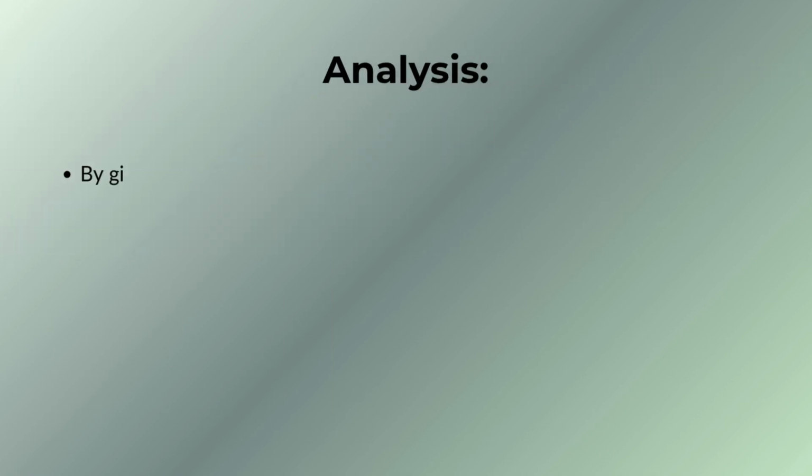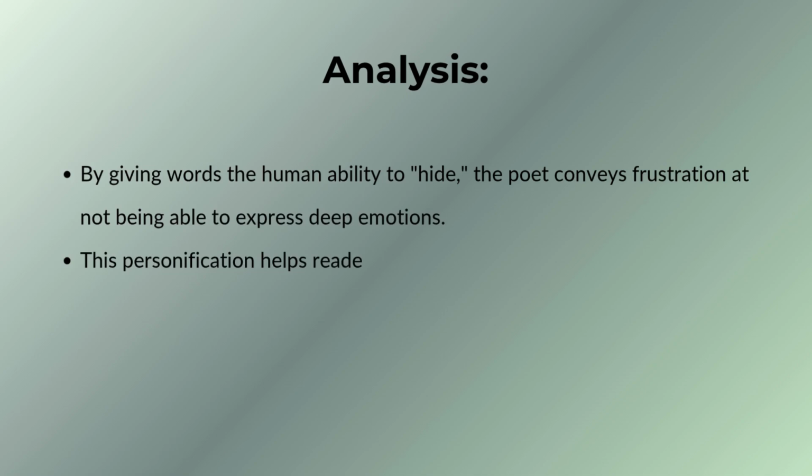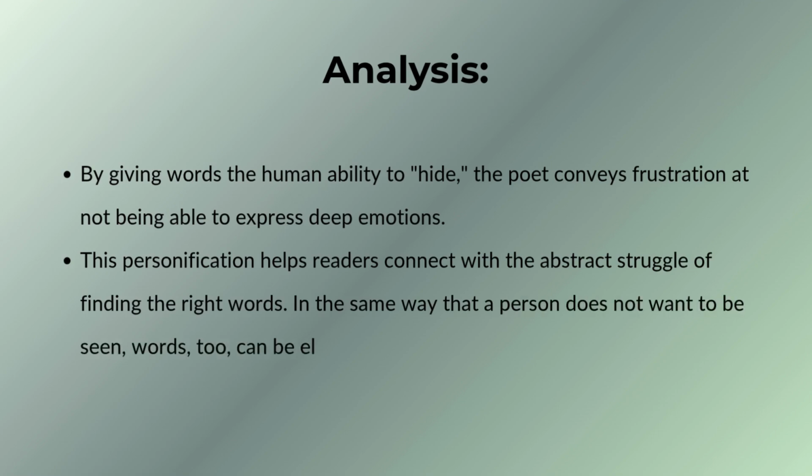By giving words the human ability to hide, the poet conveys frustration at not being able to express deep emotions. This personification helps readers connect with the abstract struggle of finding the right words. In the same way that a person does not want to be found, words too can be elusive.